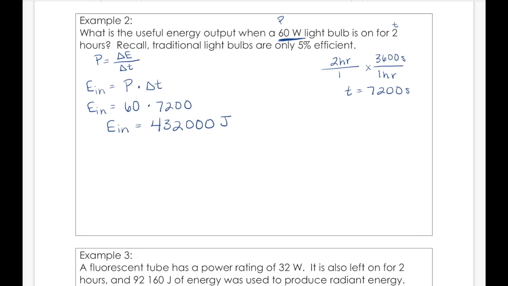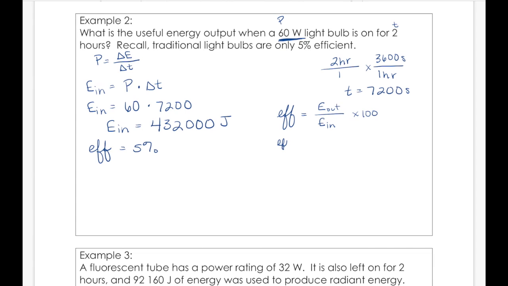They also told us the efficiency was 5%. If we know that the equation for efficiency is equal to E out over E in times 100%, we can rearrange this equation to solve for E out. First I'm going to divide by 100.